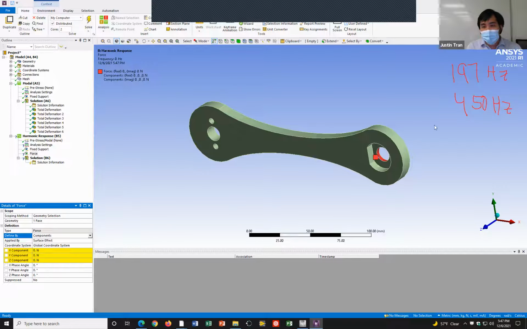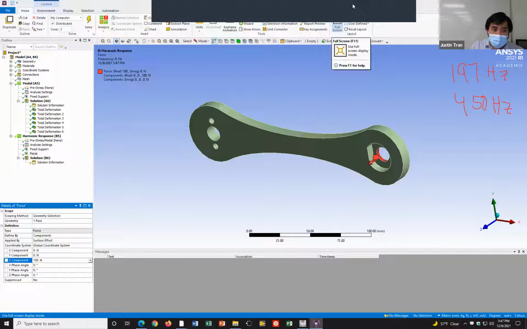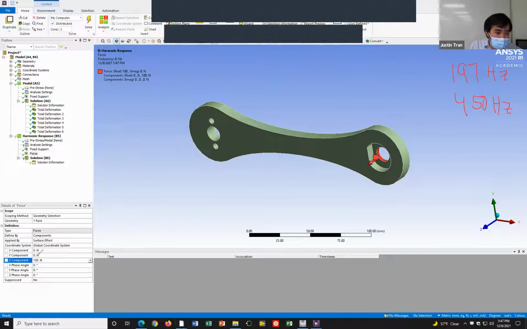If you remember from the modal analysis, that natural frequency was causing a vibration in the z direction. So I'm going to add a z component force of 100 newtons. But remember, because this is a harmonic response, this is not a static analysis. This 100 newtons is the magnitude of our oscillation.